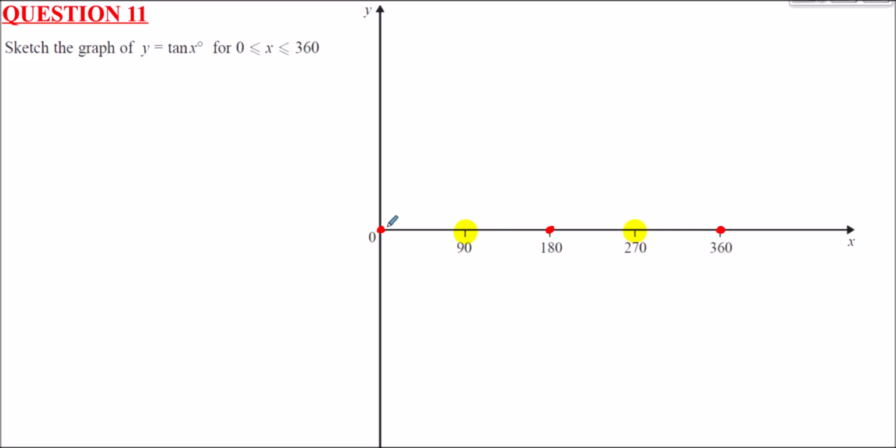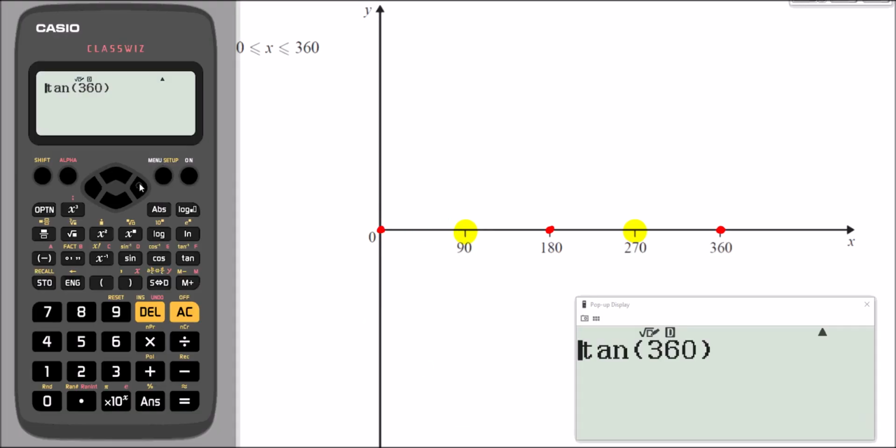So let's see what happens if we go from 0 towards 90. That will be a bit of a clue, won't it? What's happening as we go from 0 to 90? We can try different values of x as we get close to 90. Let's try tan of 10 degrees.